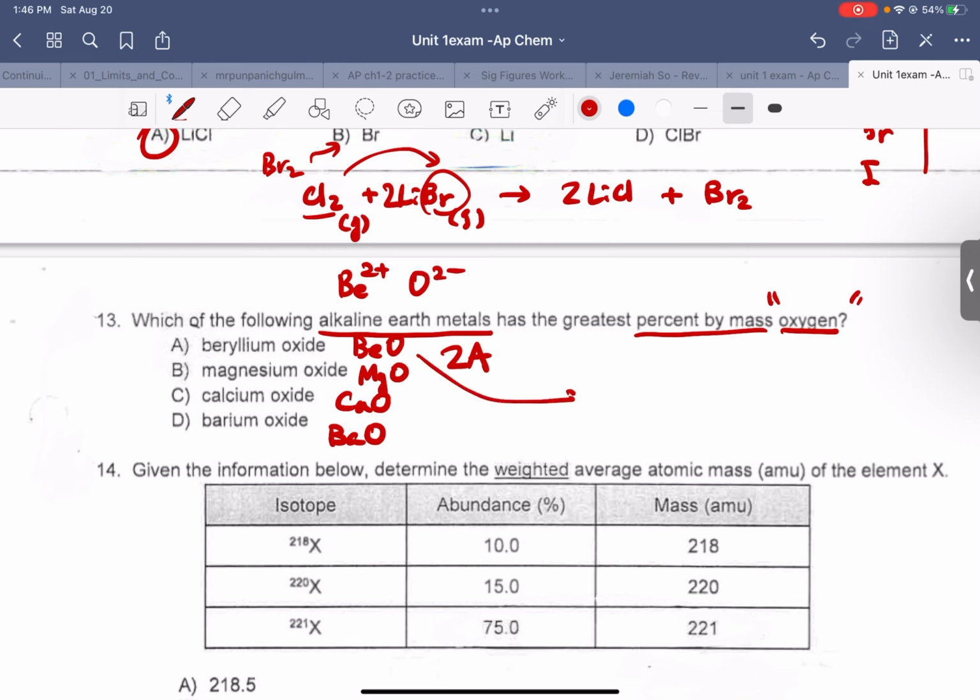For example, here: what is the percent mass of O in beryllium oxide? The mass of beryllium is 9.01. So let me write this down, the molecular mass.